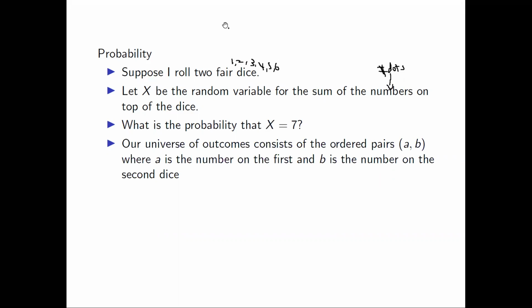So each of these numbers is a number of dots. And this A is going to be some number from 1 to 6. And same with the B.